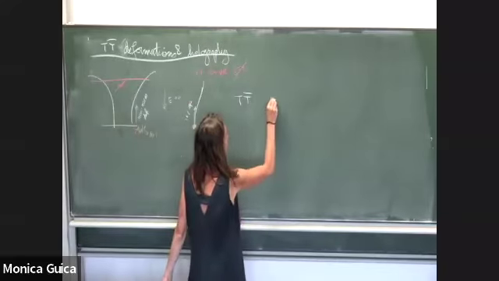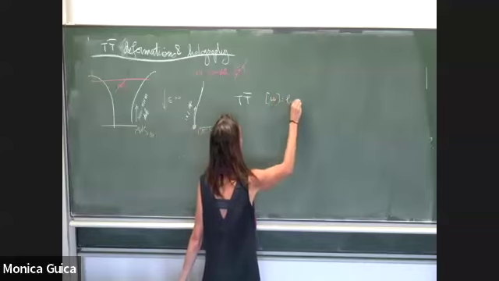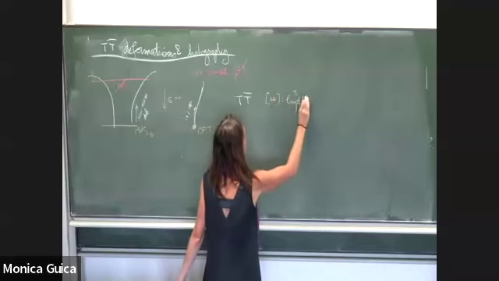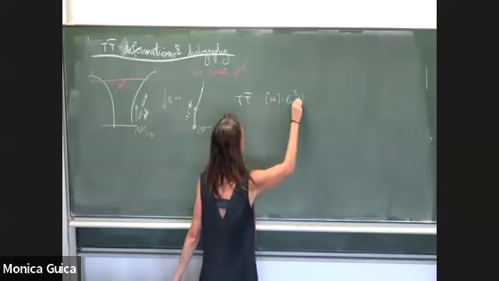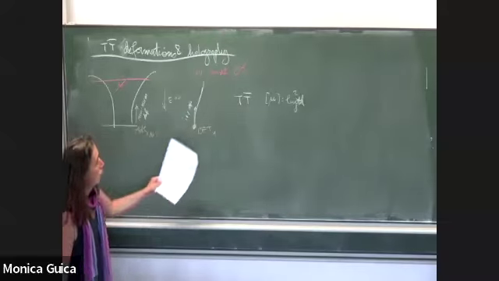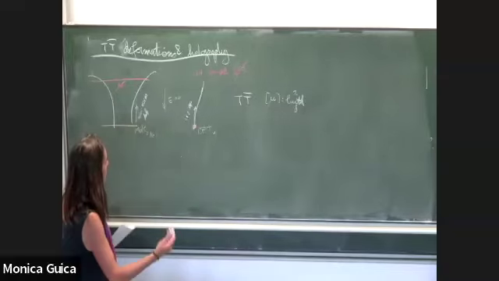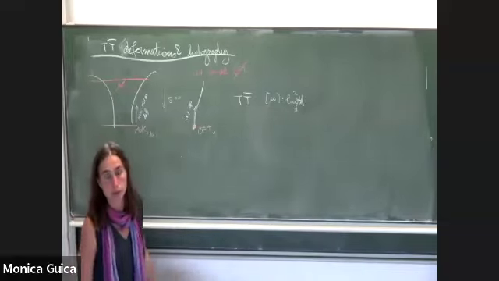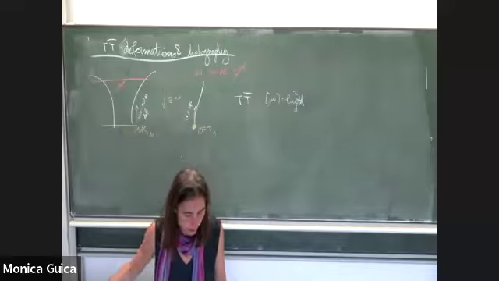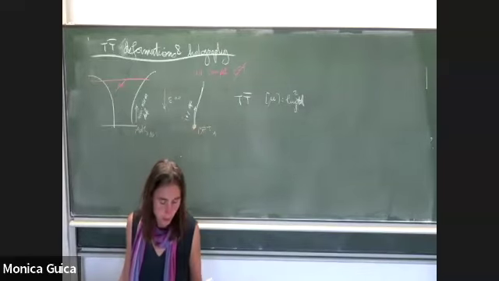TTbar has some dimensionful coupling, which we call mu, which has dimension of length squared. So it's non-local at this scale, but it's completely solvable.